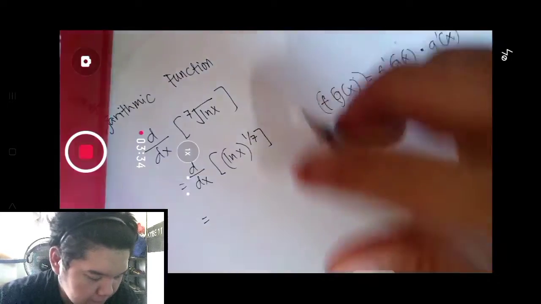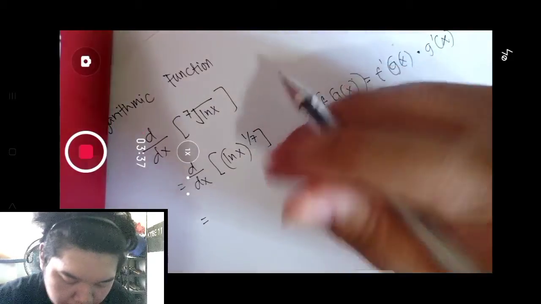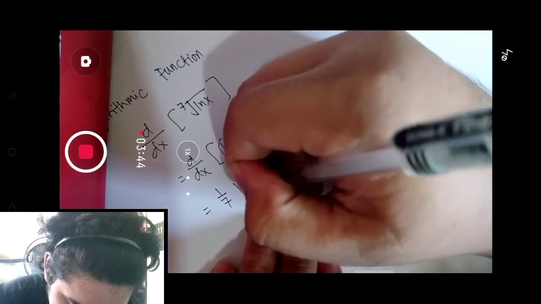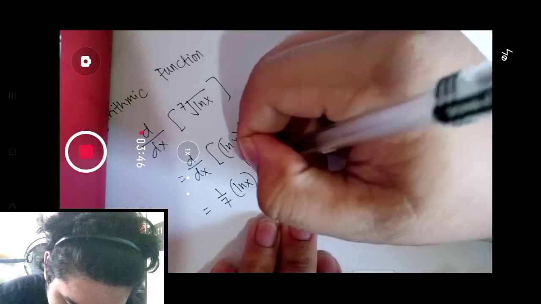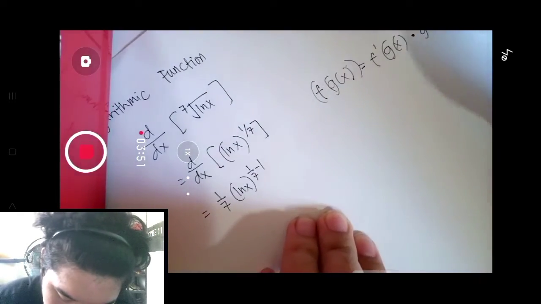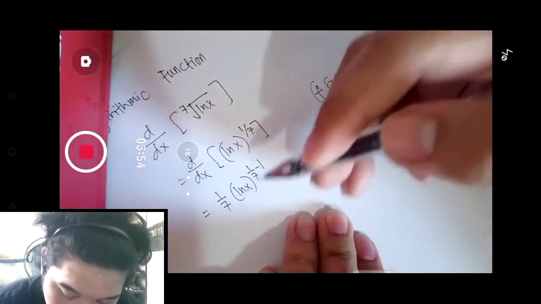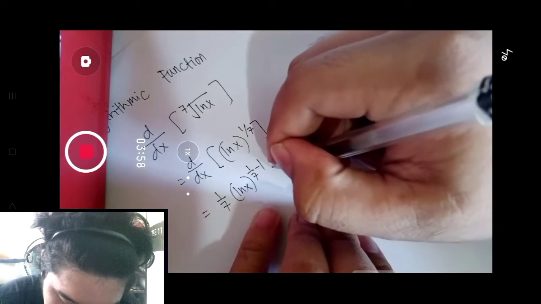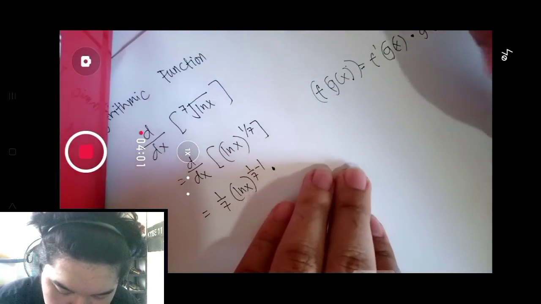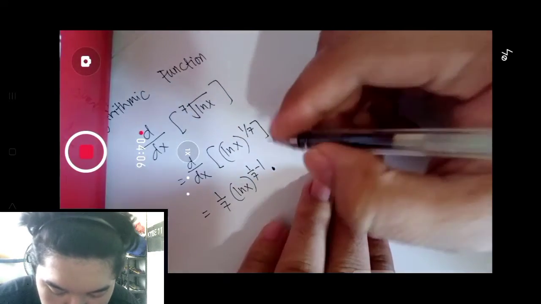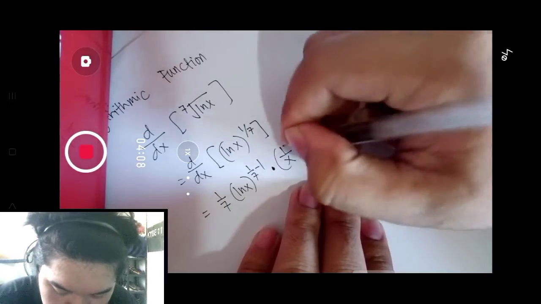Next, let's use the power rule. 1 over 7 goes in front, then ln x raised to 1 over 7 minus 1. This is our f prime of g of x, times g prime. Our g prime is the derivative of ln x, which is 1 over x.